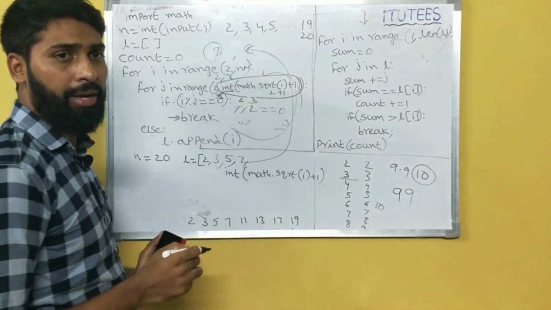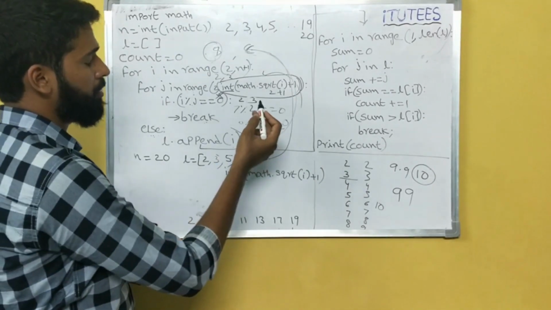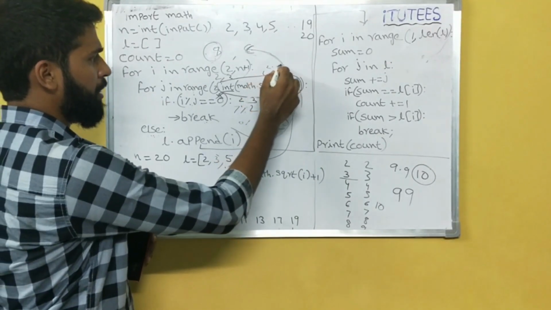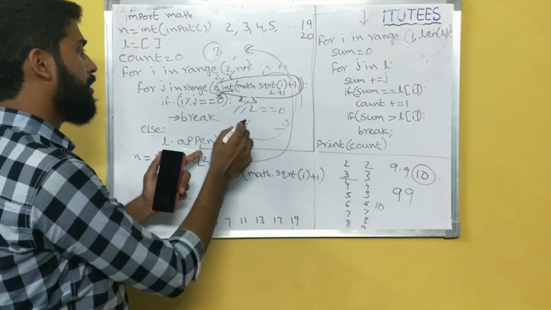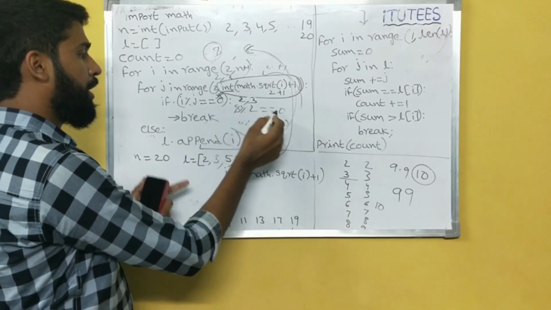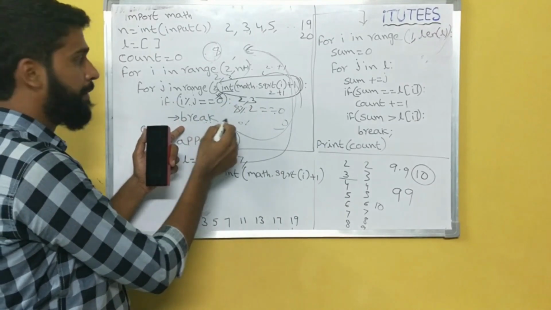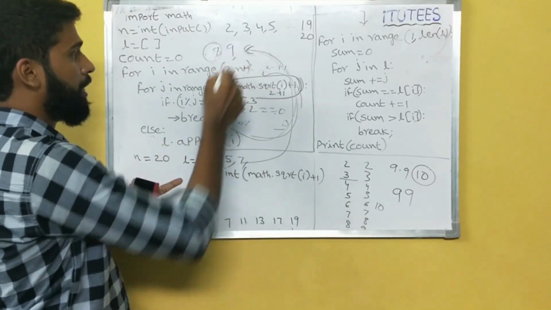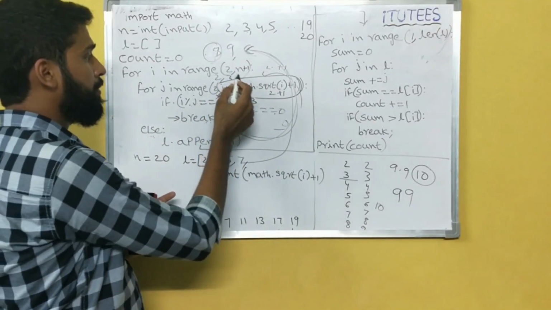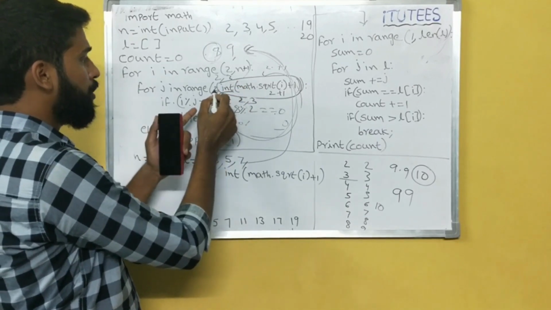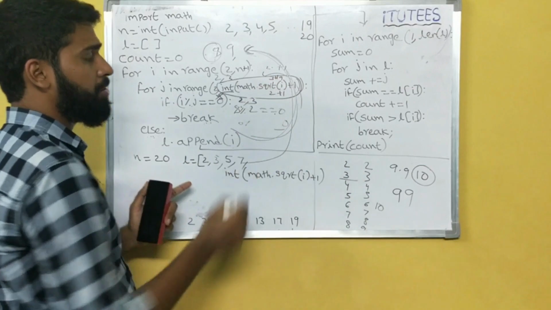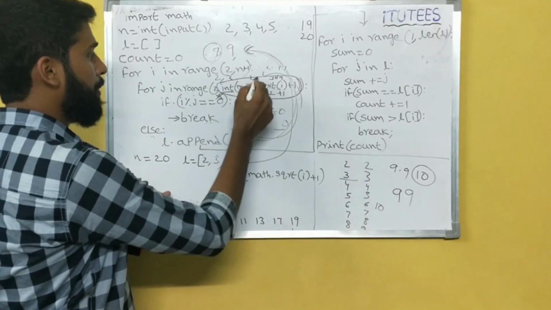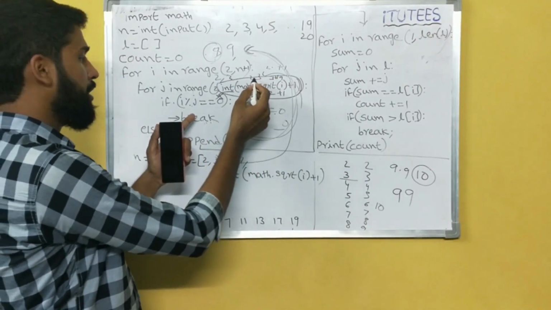Square root of 8 becomes 2 point something, plus 1 equals 2 comma 3. Range of 2 comma 3, again it becomes 2. 8 percent 2 equals 0, break. Again go to 9. So for 9, 2 comma int of square root of 9 means 3, 3 plus 1 is 4, that means range 2 comma 4.